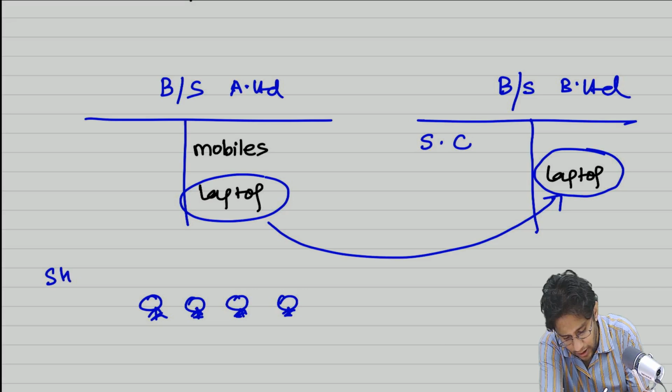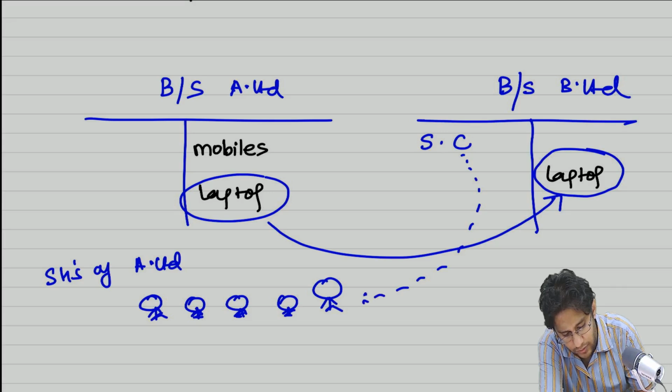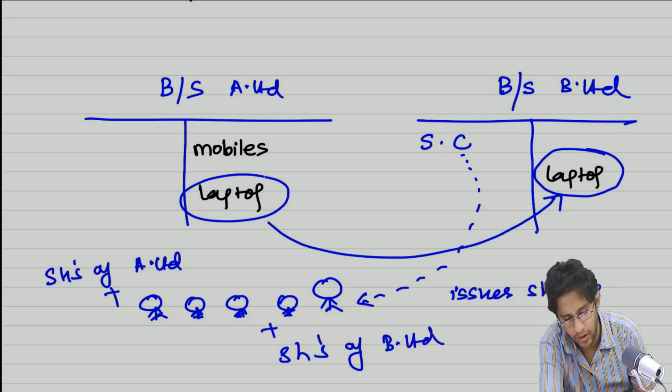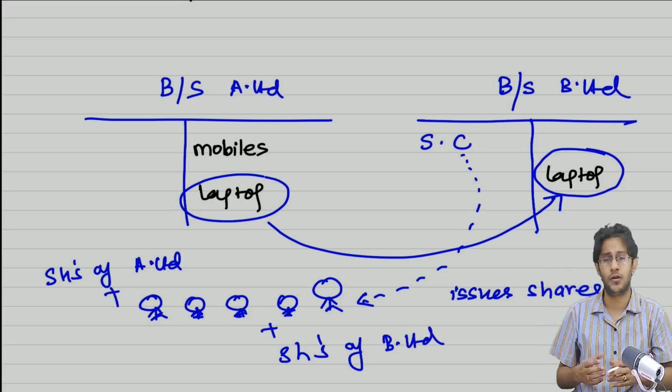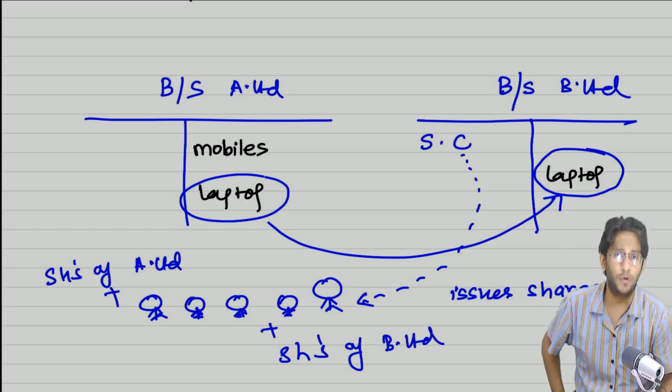So these people are shareholders of A Limited. This B Limited is now issuing shares to them. As a result, these people now also become shareholders of B Limited. Among these shareholders, generally in a company there will be some group of controlling shareholders.